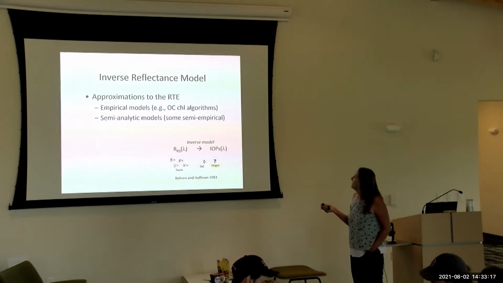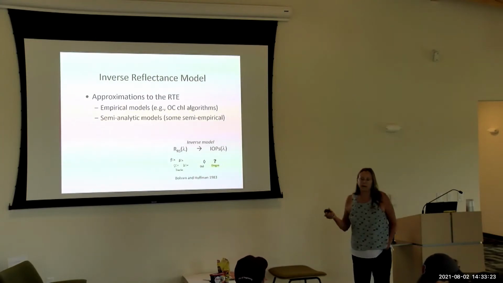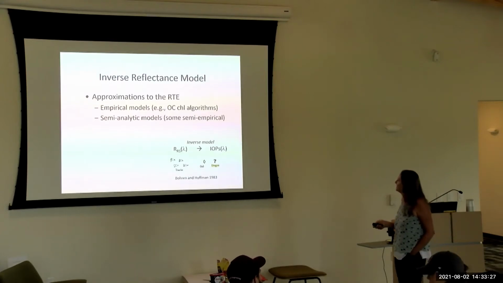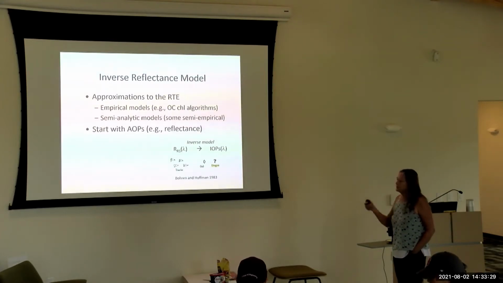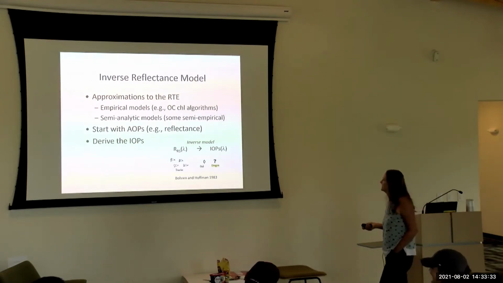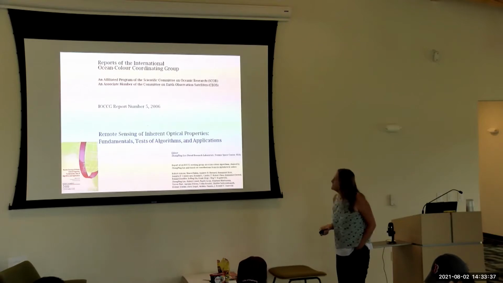Depending on the model you're looking at, some are more semi-analytic and some are more semi-empirical, depending upon how they parameterize the reflectance in terms of IOPs. So you start with the AOP, such as reflectance, and you derive the IOPs using this inverse model or approximation for the transfer equation.